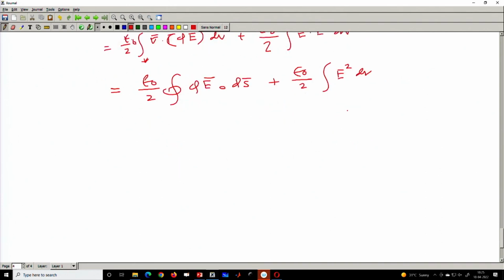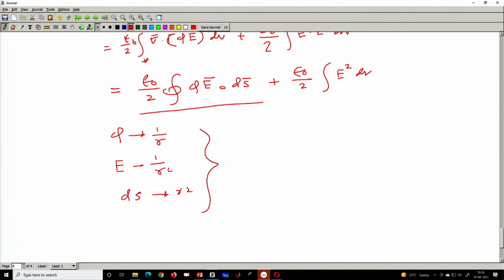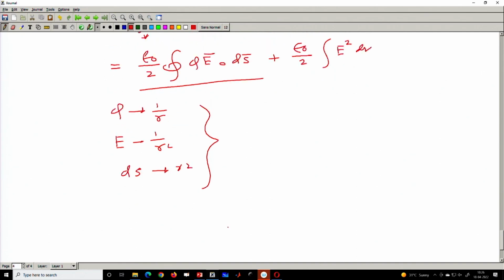Now, if you look carefully at this term, for a point charge phi varies as 1 by r, E varies as 1 by r squared, and dS, the surface element in polar coordinates, varies as r squared. So, if I take an infinitely large surface, the contribution of this part will be 0.